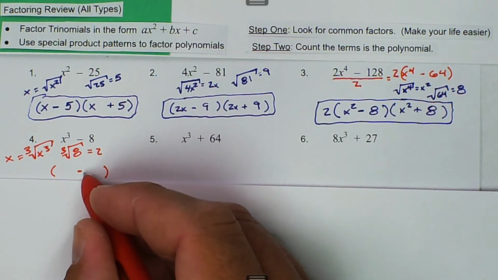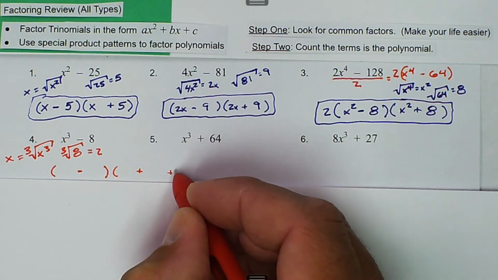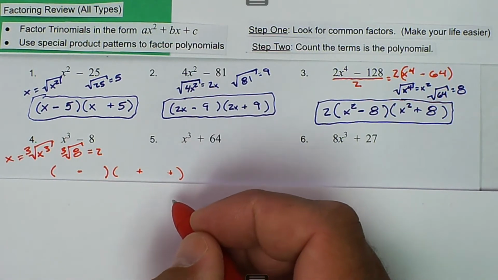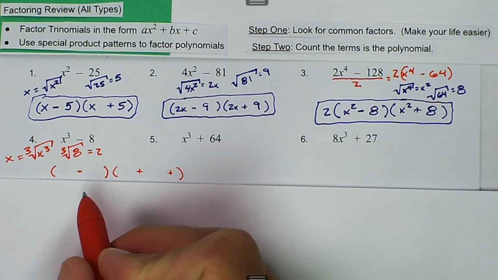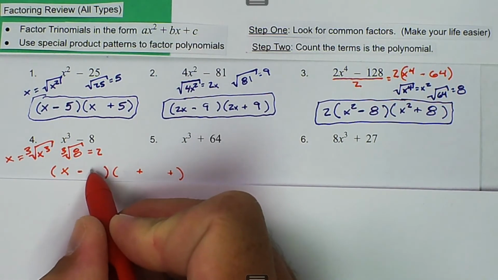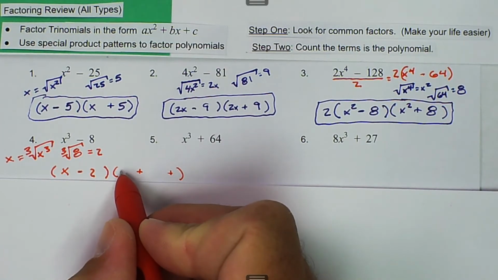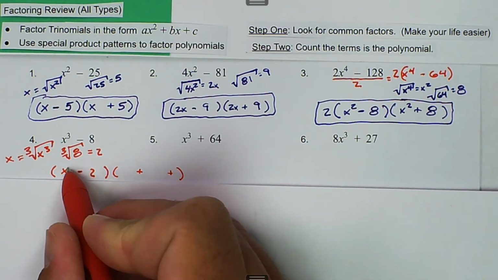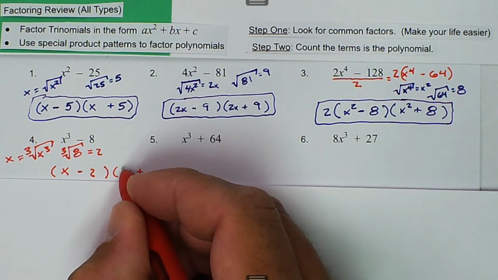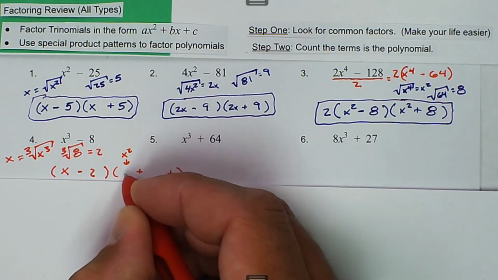And I know that I'm going to have 2 addition signs. So I already have 1 addition sign, so I know that I'm going to have another addition sign. And here, the first term is x, and the second term is 2. Now we have x squared goes here. So we take the first term and we square it, so that is x squared right there.